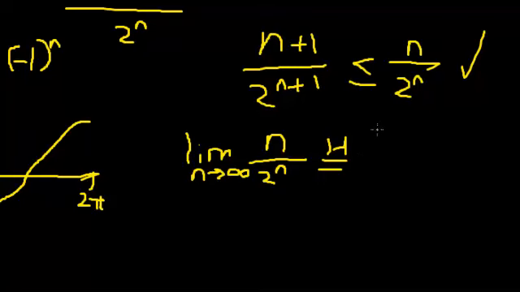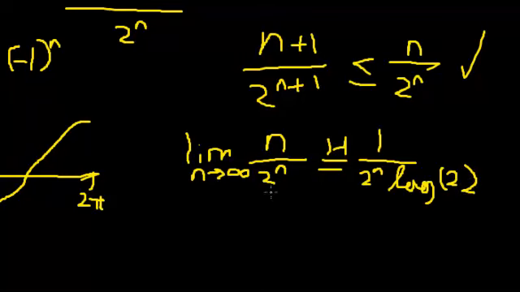I like saying that name, L'Hopital. So we get 1 over 2^n times log of 2. Then you put infinity down here. Infinity times that is infinity, and 1 over infinity equals 0.